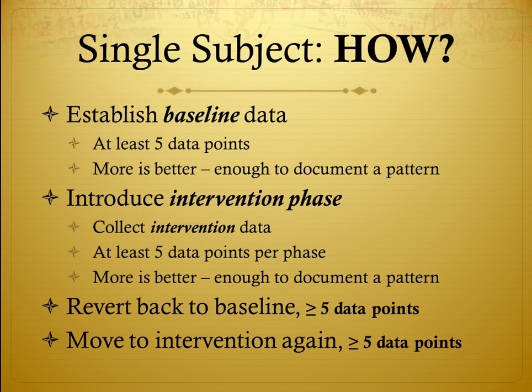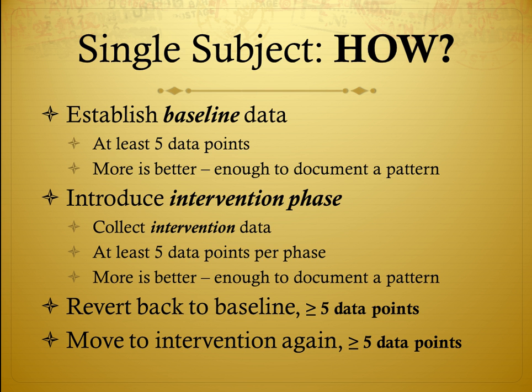An interesting point, the What Works Clearinghouse, which is an education research resource, years back they identified 3 data points as being sufficient for baseline data, and they've increased the rigor of their standards, so now you have to have at least 5. Anecdotally, I can say that 5 is definitely better than 3. 3 may have met the minimum requirements in the past, but 5 data points is definitely much better.